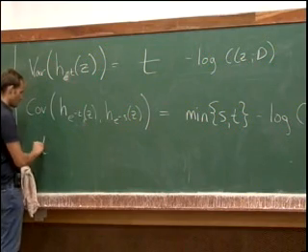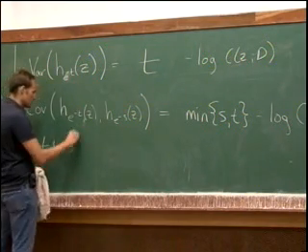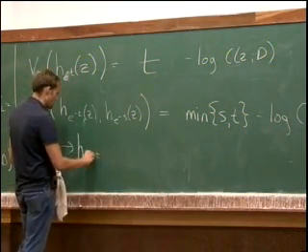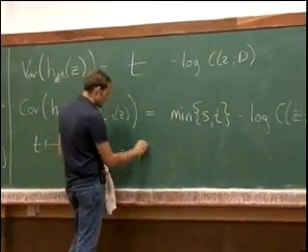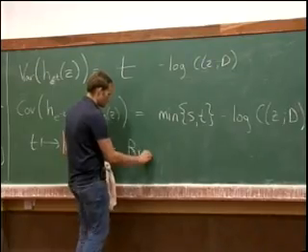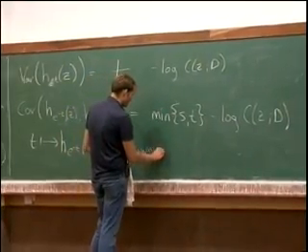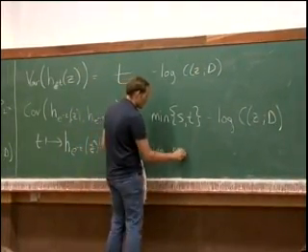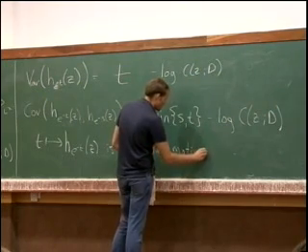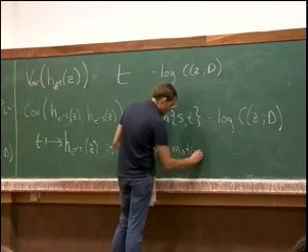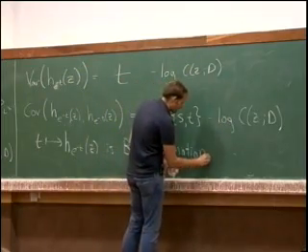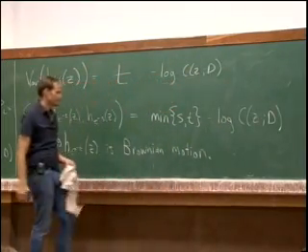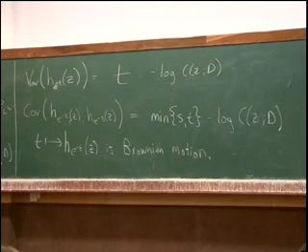So t goes to h of e to the minus t of z is a Brownian motion. So that's that part.